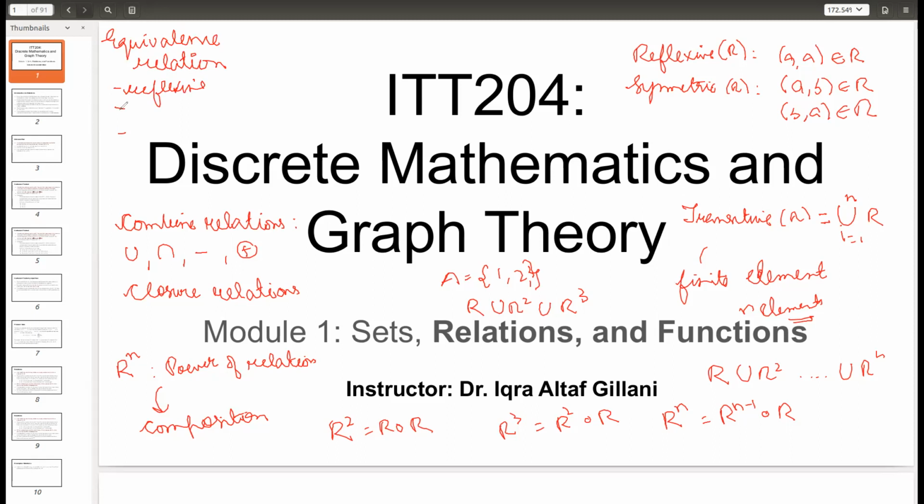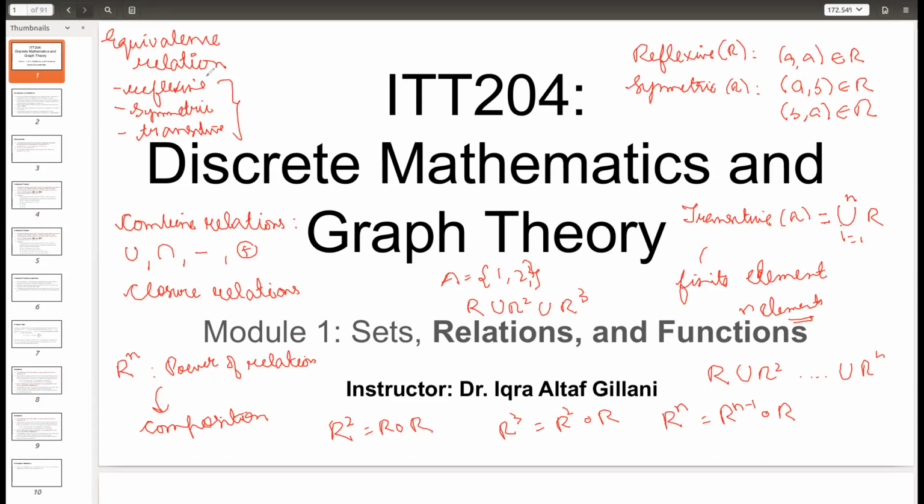Yes, class, what are the other properties? Because we are going to see some similar kinds of relations today, so it should be clear. Equivalence is reflexive, symmetric, and transitive. If all 3 of them are there, then you say that it's an equivalence relation. So that's where we ended. We also discussed equivalence classes, but that's where I'll start today.